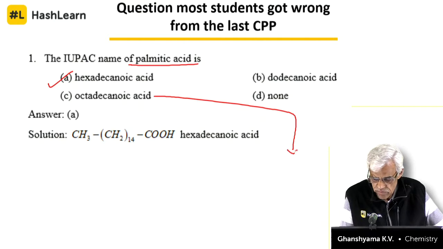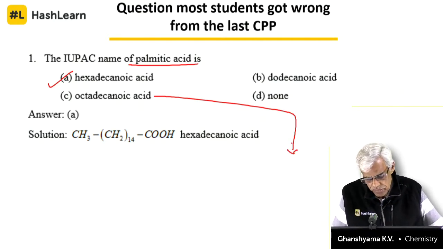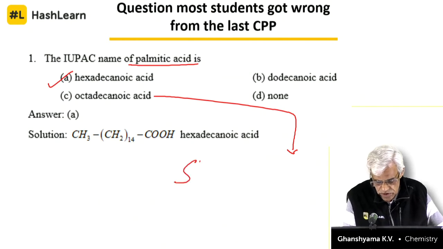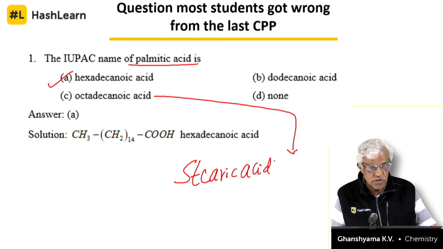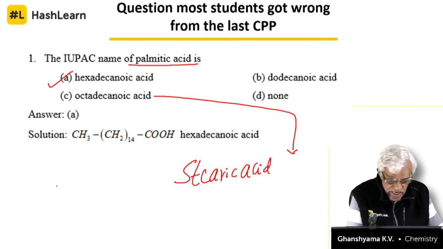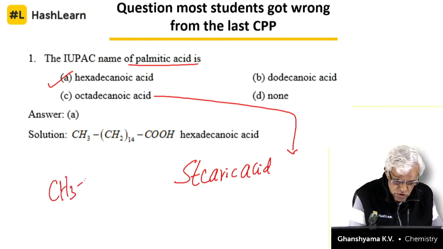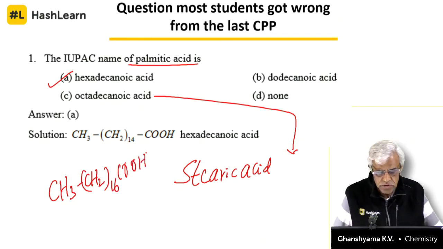Octadecanoic acid, as I heard that many of you have answered, is stearic acid. Stearic acid has the formula CH3, CH2 16 times, COOH.